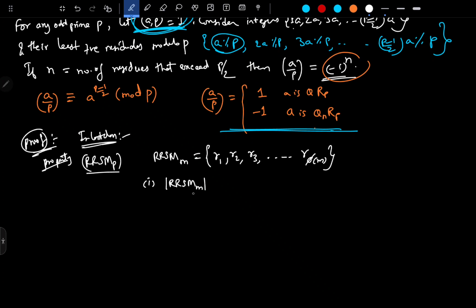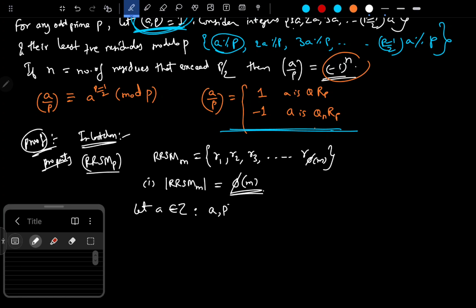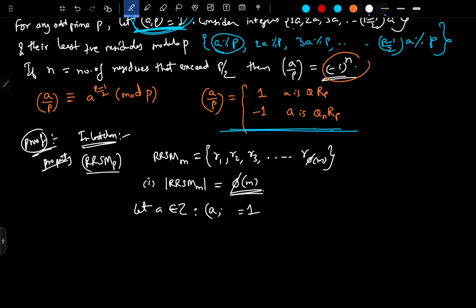This is called the cardinality of the set. Cardinality of the set means the number of elements in the set. Number of elements in the set means how many? phi of m. Now let's take a to be any integer such that GCD of a comma m equals 1.